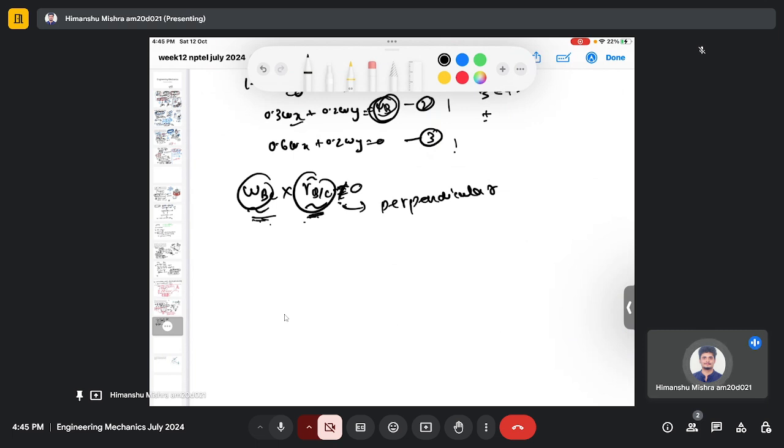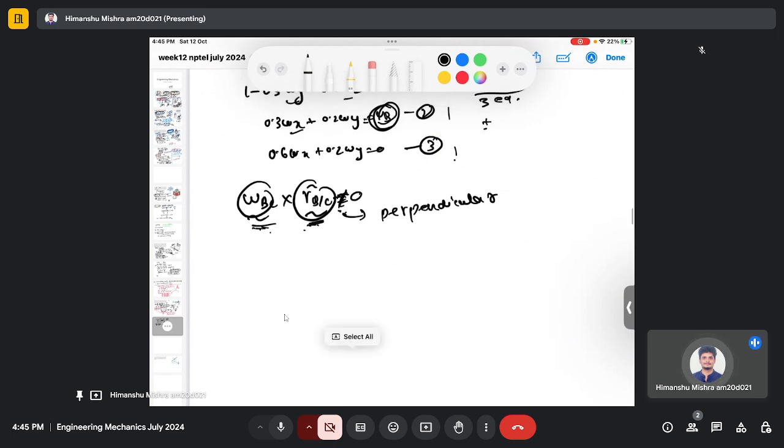And if these quantities are perpendicular, then if I take the dot product of these two quantities, it should be zero, right? So it's a basic vector property that I'm using, that you might have seen in a basic mathematics course.